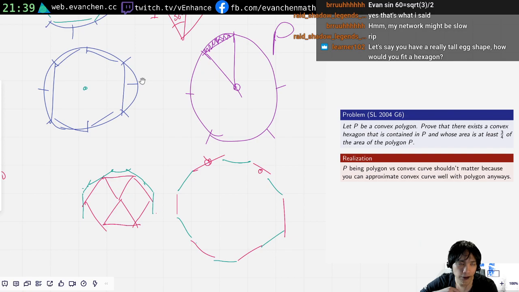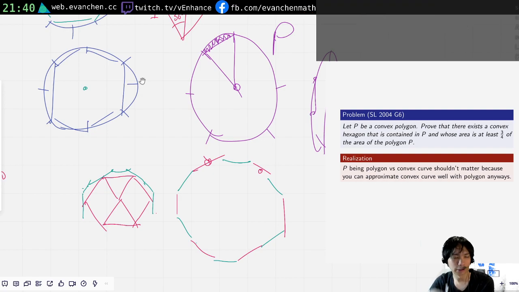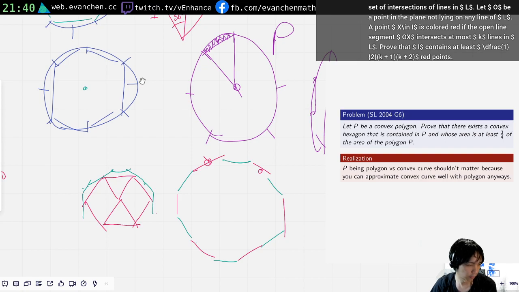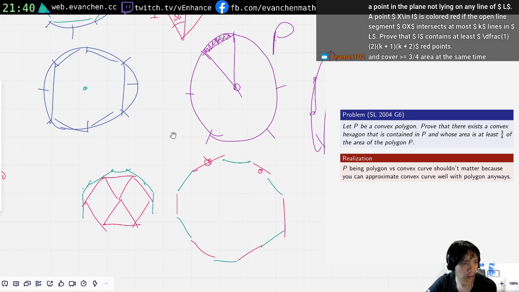If I have a very tall X shape, let me answer that for both triangle and hexagon, because I'm curious. For the hexagon, you would align it like something like that. If I have a triangle, I'm not sure actually. So I wonder what I want to think about.